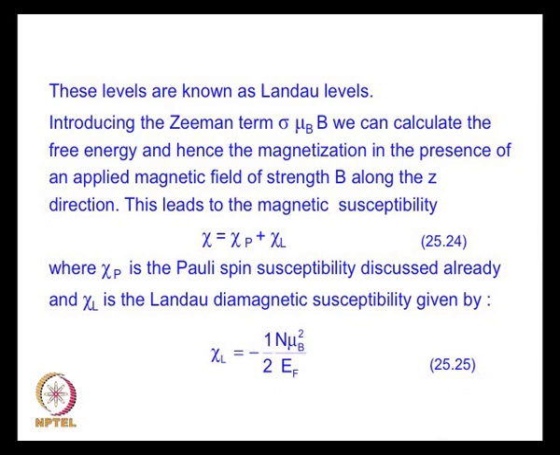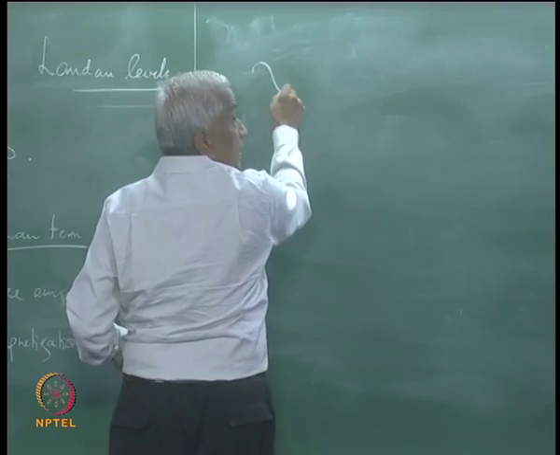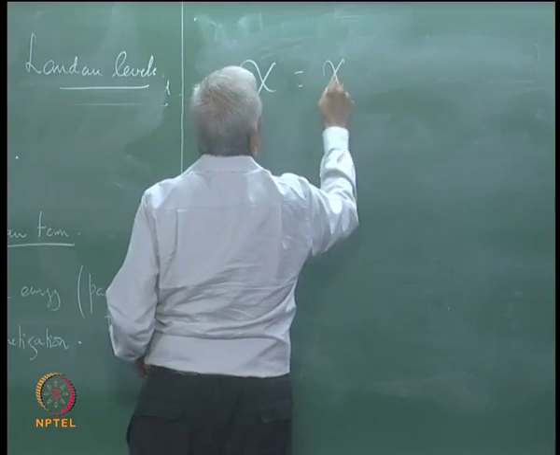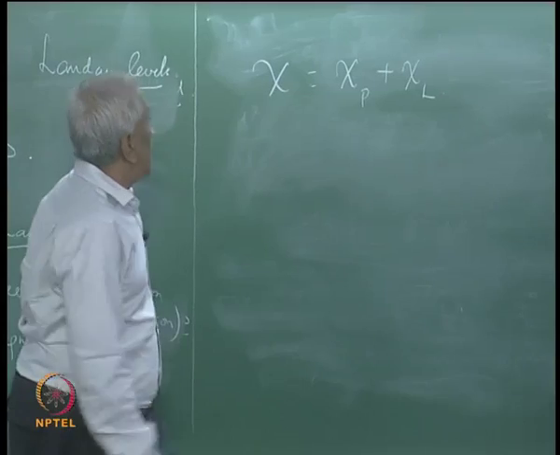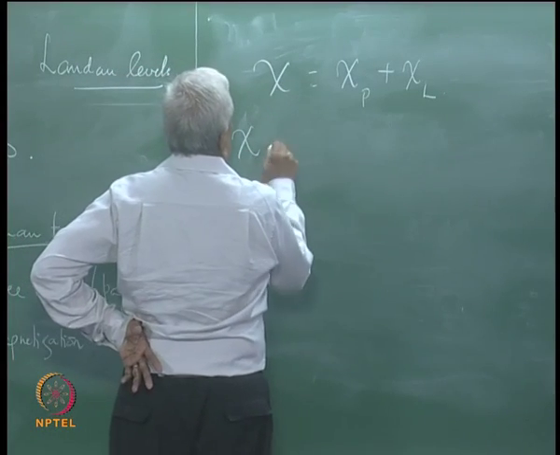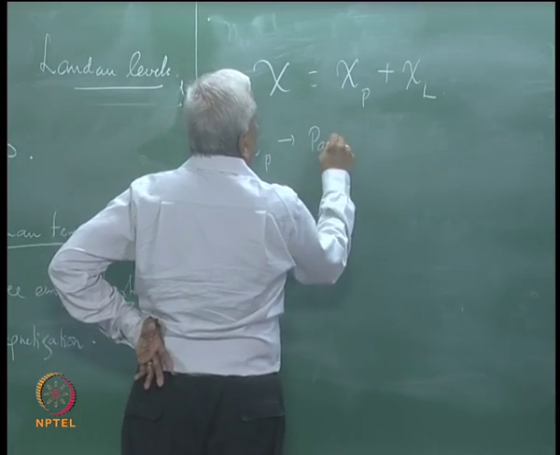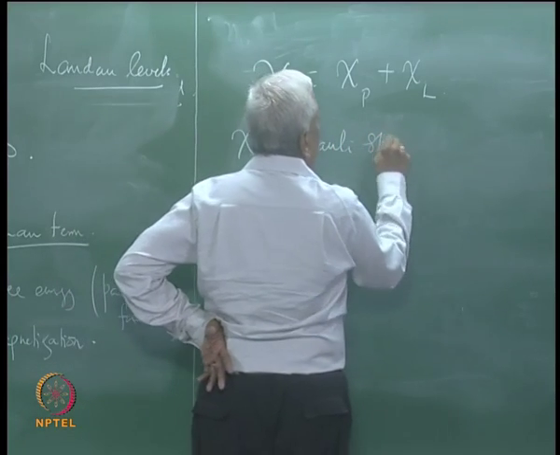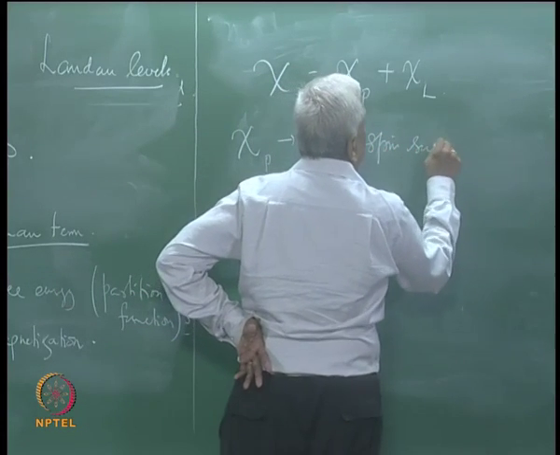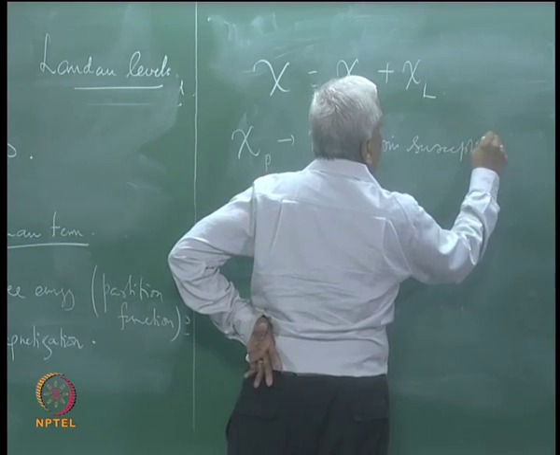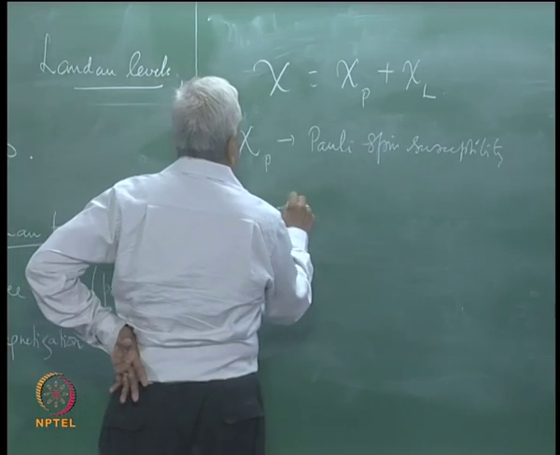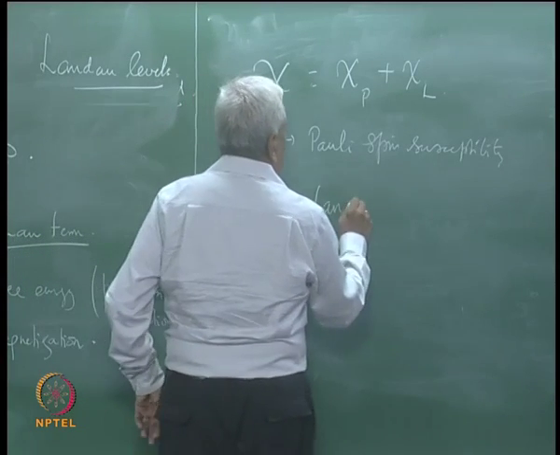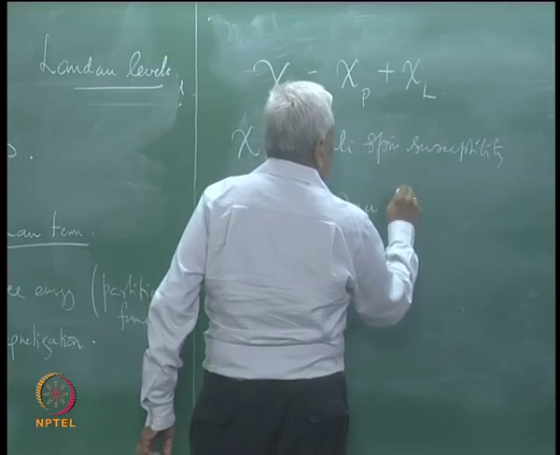It turns out that this magnetization corresponds to a susceptibility which is of the form chi p plus chi L. Here chi p is the Pauli spin susceptibility which we already discussed, and chi L is the Landau diamagnetic susceptibility.